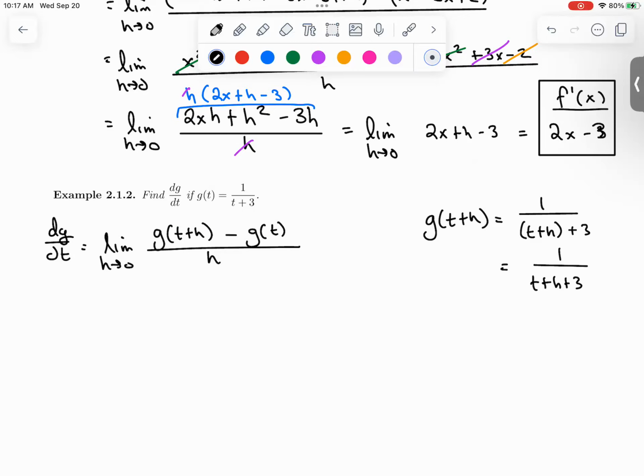So this is the limit as h approaches 0 of 1 over t plus h plus 3 minus 1 over t plus 3, all divided by h.